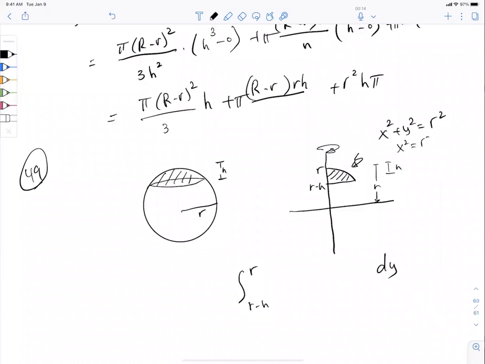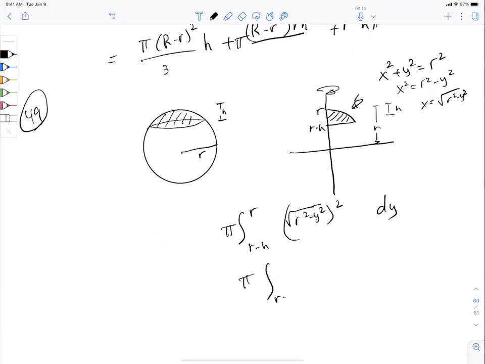So x squared is equal to r squared minus y squared. x is the square root of r squared minus y squared. So it's going to be pi, and the radius is the square root of r squared minus y squared, and then you square it. So it's pi times the integral from r minus h to r of (r squared minus y squared) dy. Okay, so that's how you calculate the volume of that little cap on top.